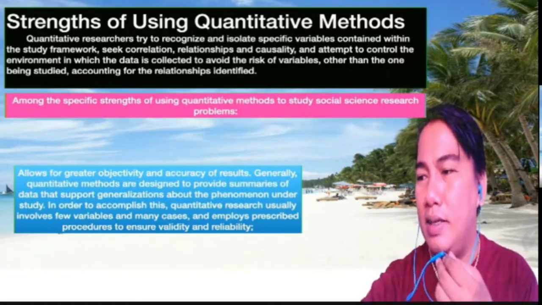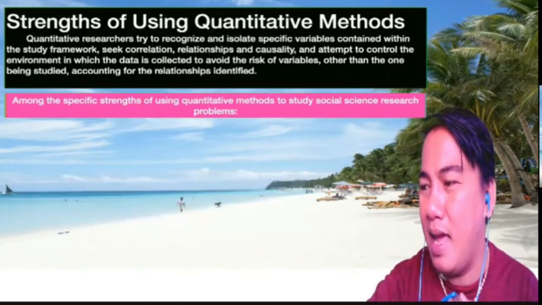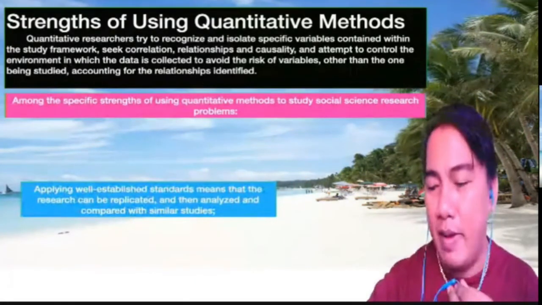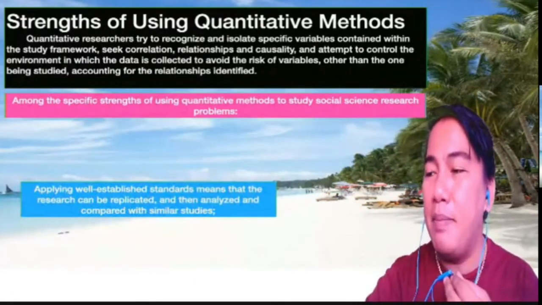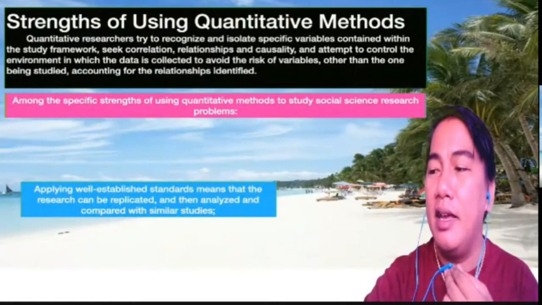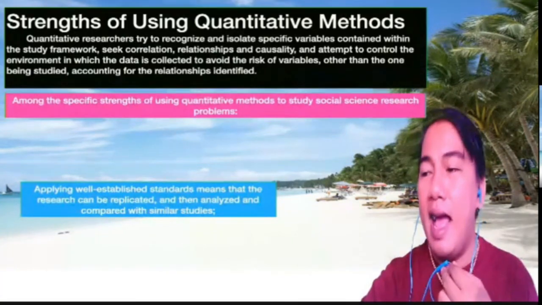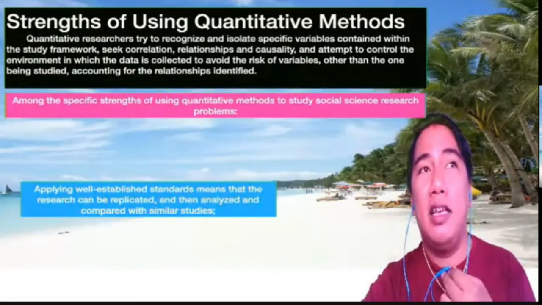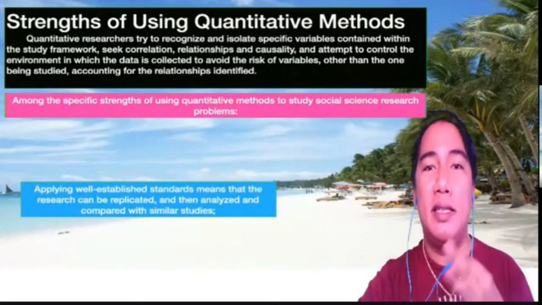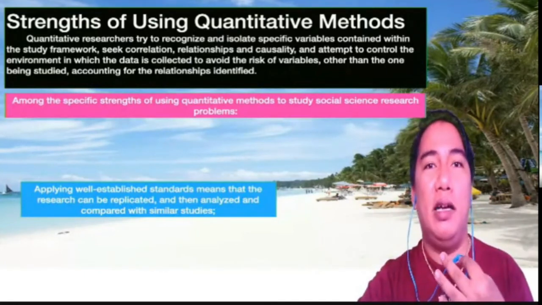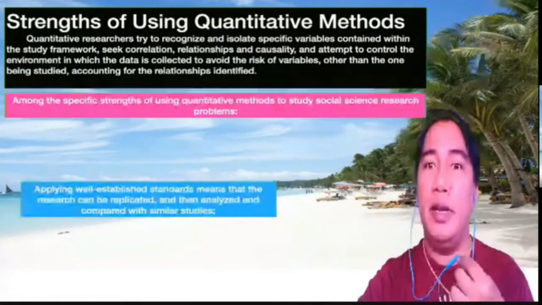So, kanina ko pa na-explain yung part na yan. Anyway, next. Thank you very much, Deb. Next is applying well-established standards means that research can be replicated. Okay? Again, replicated. You can do the same study, but you're not going to copy the whole study.